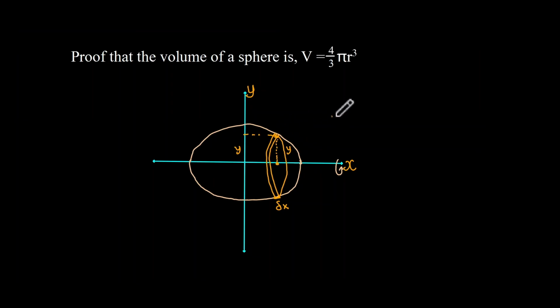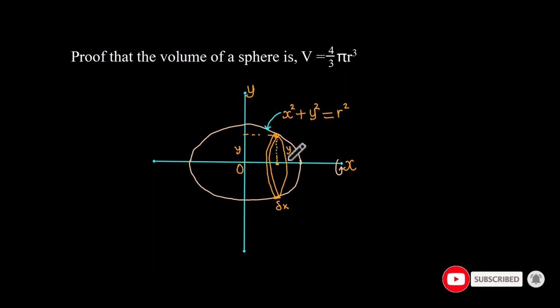So therefore, we also know that if we consider a circle, then the equation of a circle with 0 as the center is given by x square plus y square equals r square, where r is the radius of this circle. But for now, we have a sphere, and of course in two dimensions it looks like a circle.